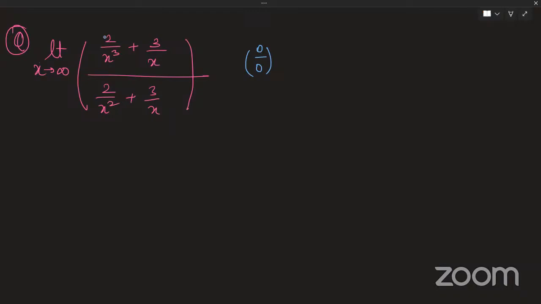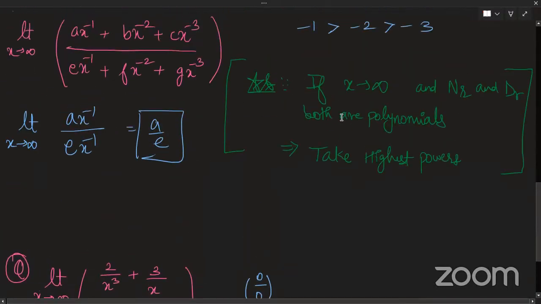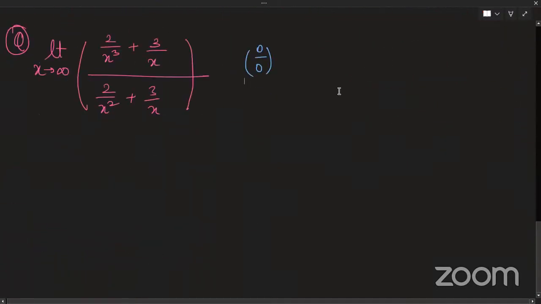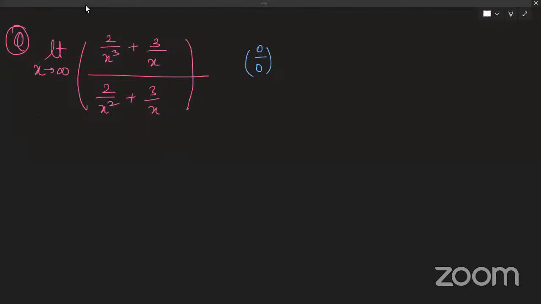How would you solve this? If I give you to solve such a limit and assuming that you don't know this trick, for the time being, how would you solve this? Maybe I can multiply x cube in both the numerator and denominator. So if I multiply x cube, what will happen?